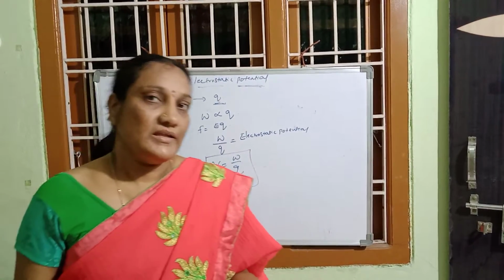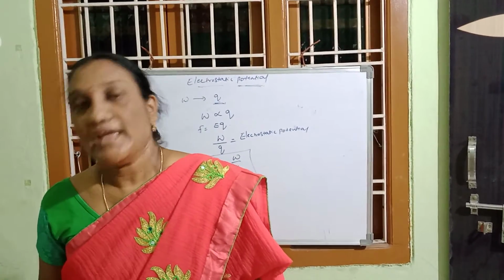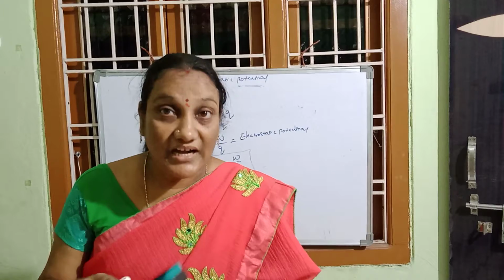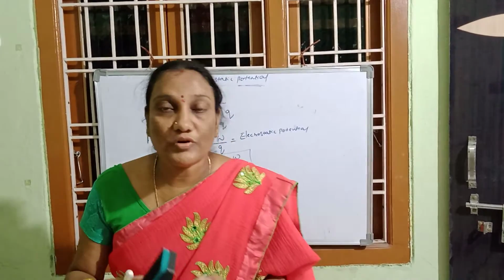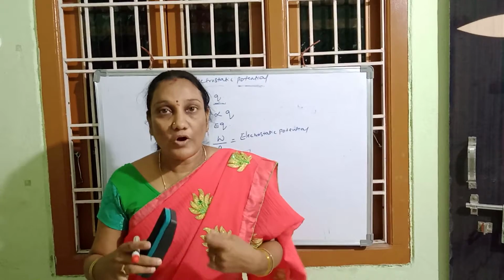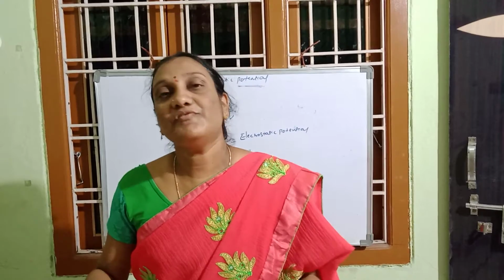So here, either potential energy or electrostatic potential, the work done is against the electric field only, because repulsive force will be present. Now the test charge has to overcome that repulsive force and reach the reference point.